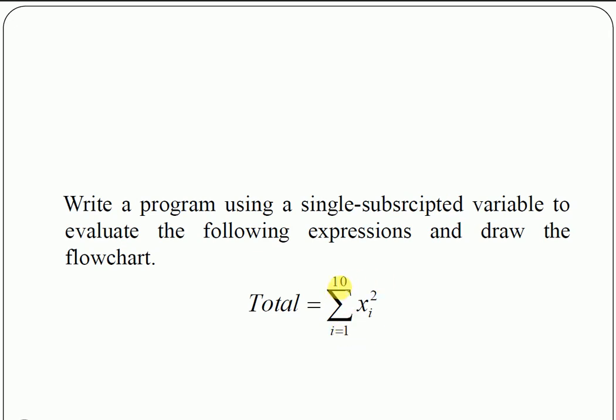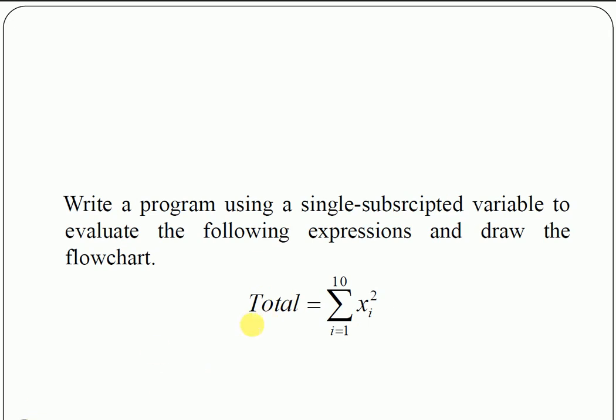That means we will take 10 inputs in an array, and after getting input, our program will calculate the sum of the squares of each given input, and the total will be the output.